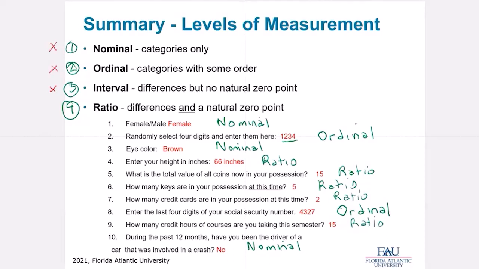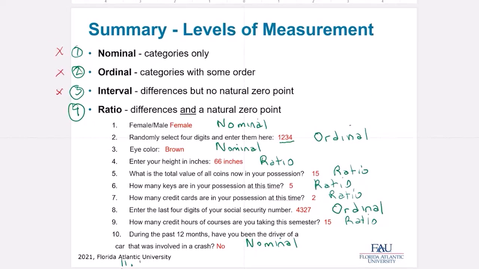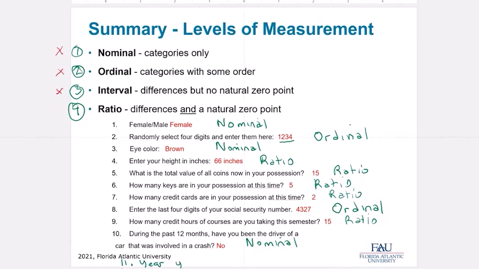Let's make up one. Something that would be interval would be, let's make it 11. This could be the year you were born. And I'm going to lie here and say 1999.